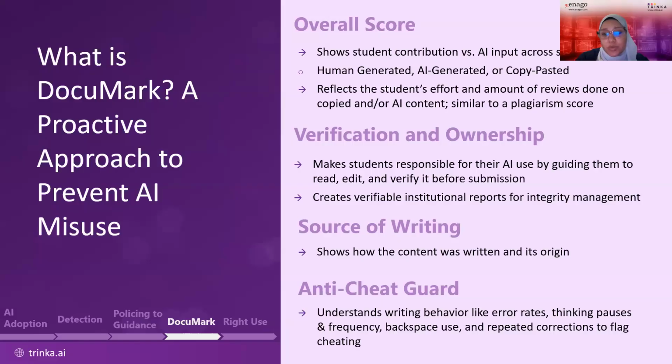So this means that the student will be able to reflect on their own work, review it, and then after this, they will have total ownership and responsibility, because we will ask them to read the AI content or the copy pasted content and see if they would like to improve it, rewrite it in their own words, or paraphrase it so that they are not just copying and pasting.